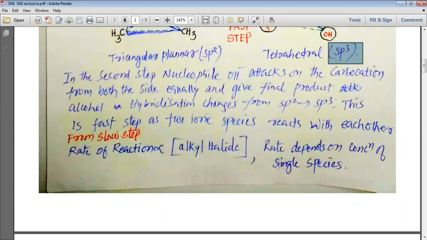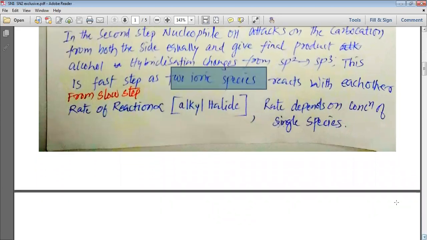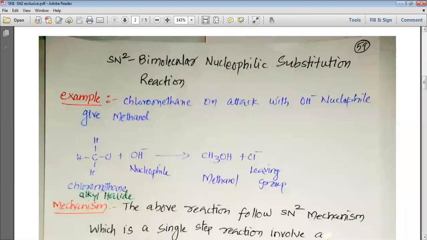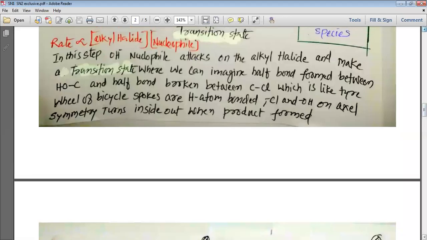This is a fast step as two ionic species, OH minus and the carbocation, react with each other. From the slow step, we determine the rate of reaction, and that is why the rate of reaction is proportional to the concentration of alkyl halide. Rate depends on the concentration of a single species, that is your alkyl halide.